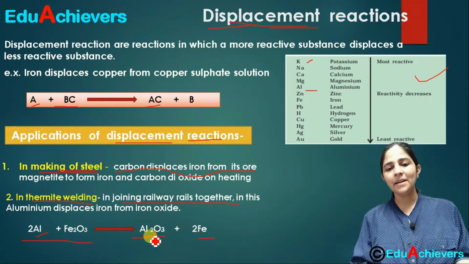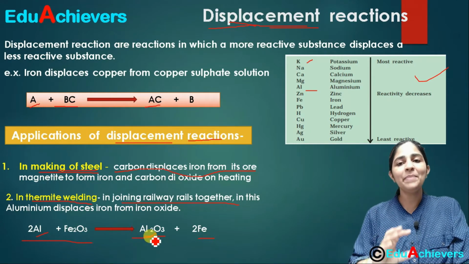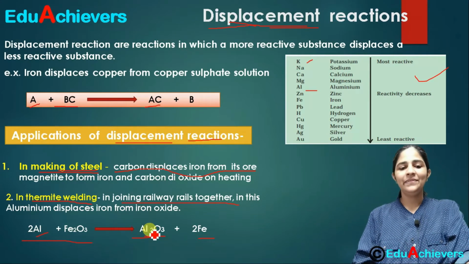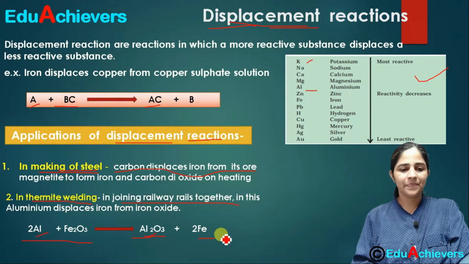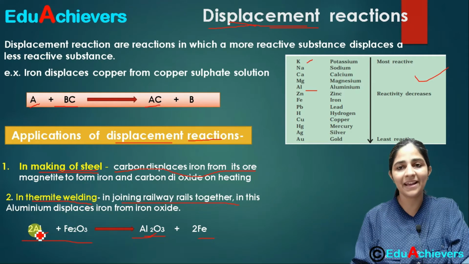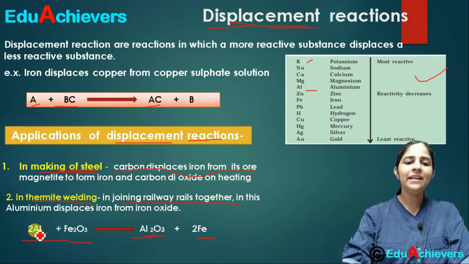Correct? So sometimes you have to take care that there may be exceptions. So we should keep them also in mind. Fine. This is not given in your NCERT textbook, so you don't have to remember this reaction, but it can help you in understanding things.